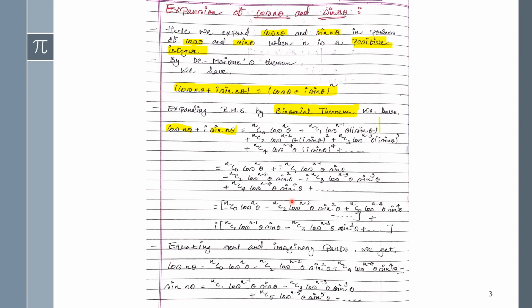Now I'm just gathering real terms as well as imaginary terms. So first of all I'm writing all the real terms, that is, without i terms. From that, I'm just highlighting one time. This one is a real number term.